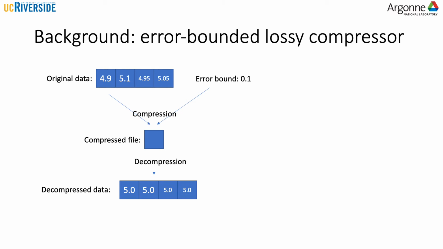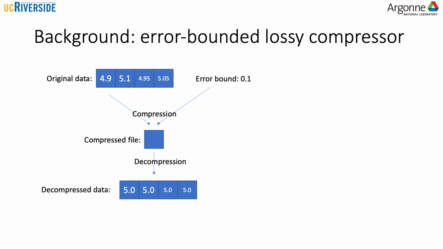When we refer to lossy compressor in this paper, we mean the error-bounded lossy compressors. As the name says, the decompressed data will not be exactly the original data, but the difference can be bounded by the user-defined error bound. Take a simple input as an example.